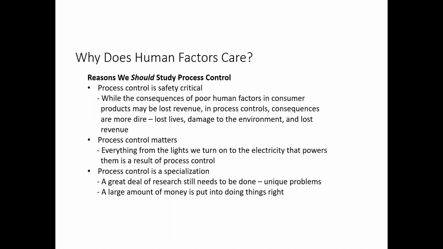And we already talked about that it matters and it impacts all of us, but it's also a high level of specialization. So it's really interesting work if you can tolerate the pace of it. And there is a lot of work to be done, is what I would say.